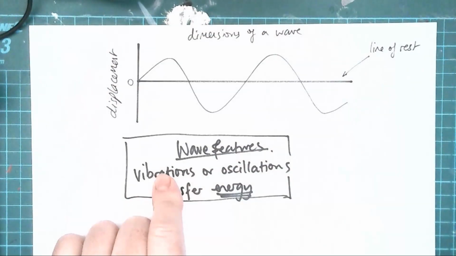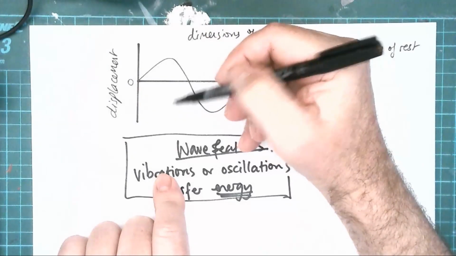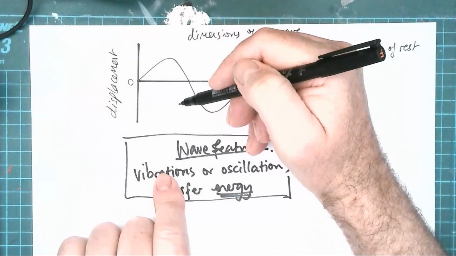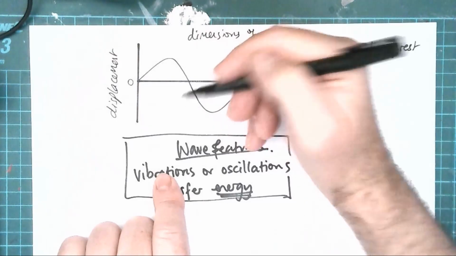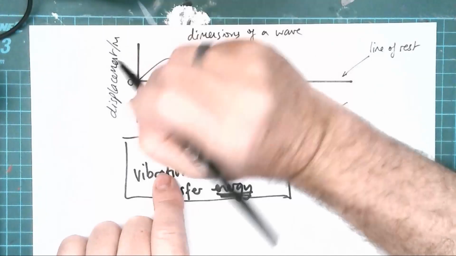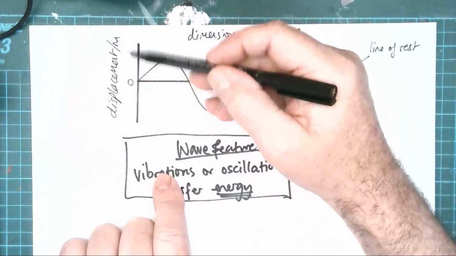So I can measure, in terms of our swimming pool, how far up and down the water goes. Okay, so it's a measurement of distance. Okay, it might be in centimeters and meters and millimeters, whatever. It's going to be a measurement of distance on the y-axis.